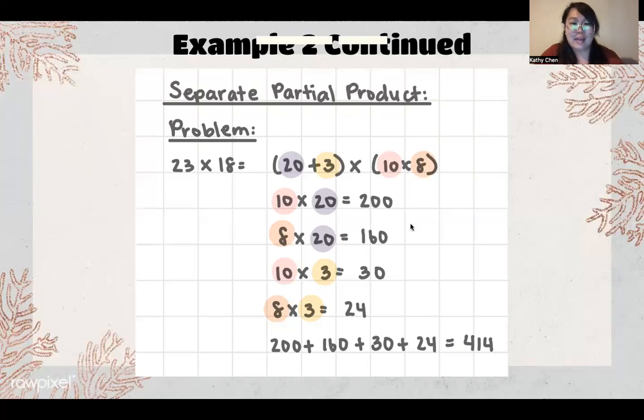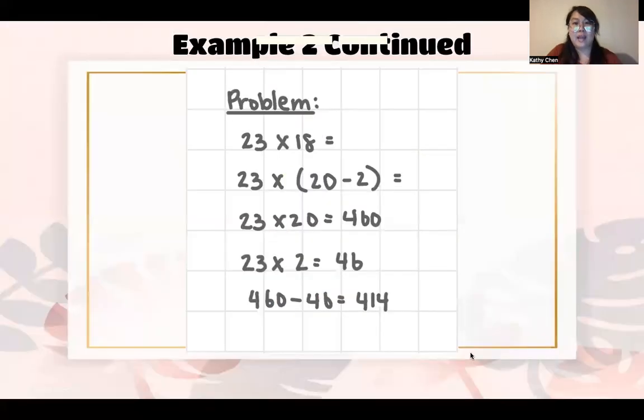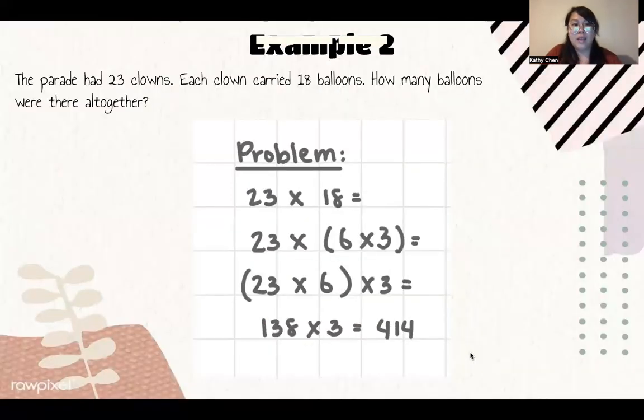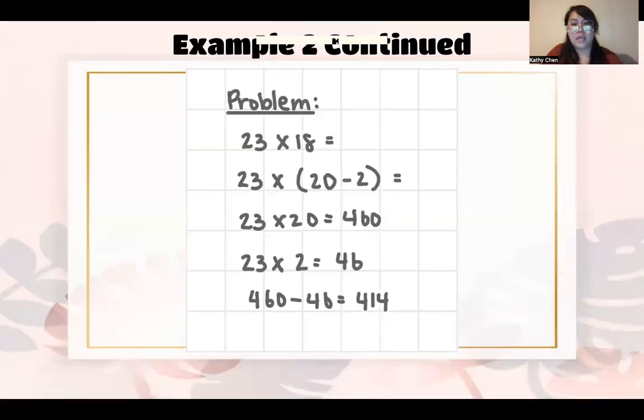We then added all of these products. So we took the 200, the 160, the 30, and the 24. So 200 plus 160 plus 30 plus 24, that gave us 414 balloons. So just like the other two, we came to the conclusion of 414 balloons.